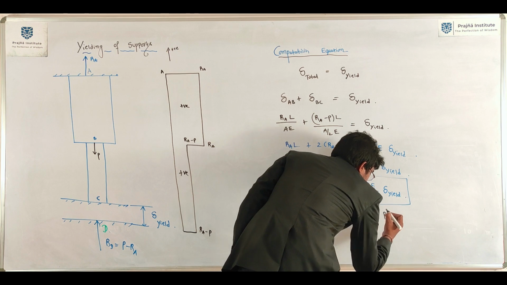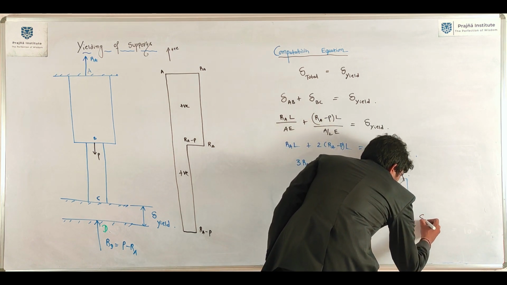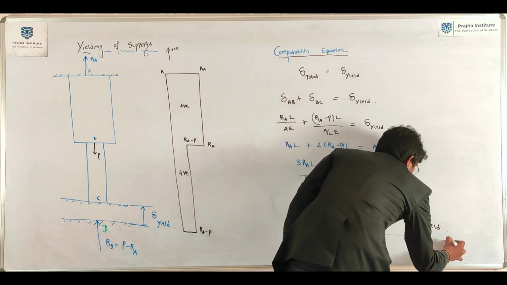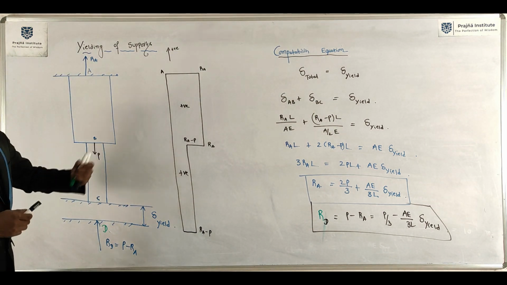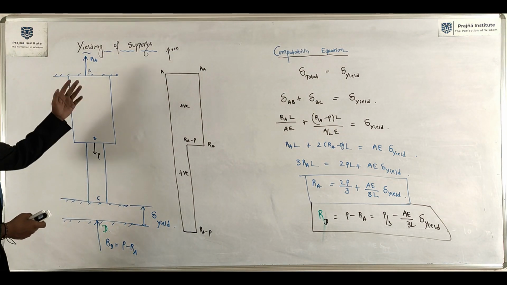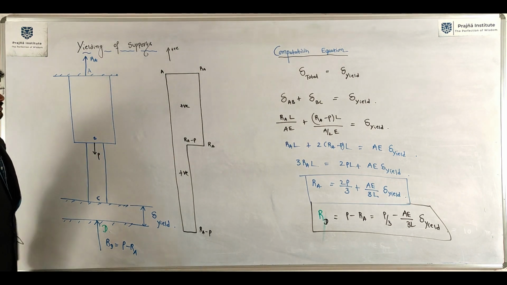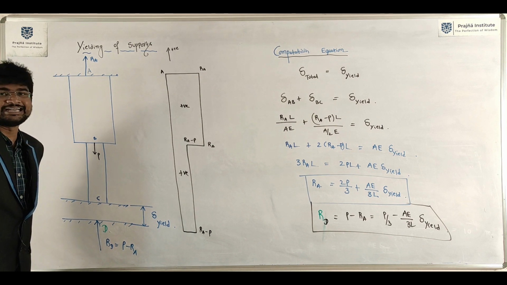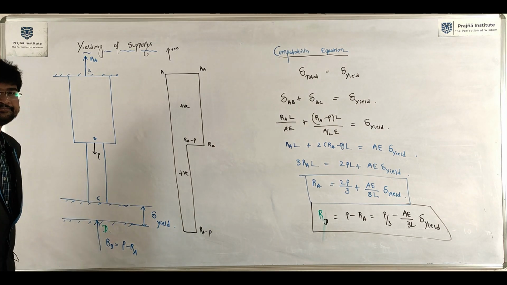So P by 3 minus AE by PL delta yield. This is RD. This is the compatibility equation for delta yield and yielding of the supports. You should understand the physical meaning of delta yield and delta gap. Right, up to here. Next.